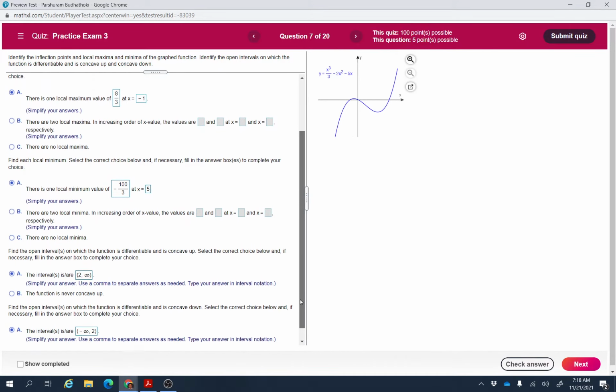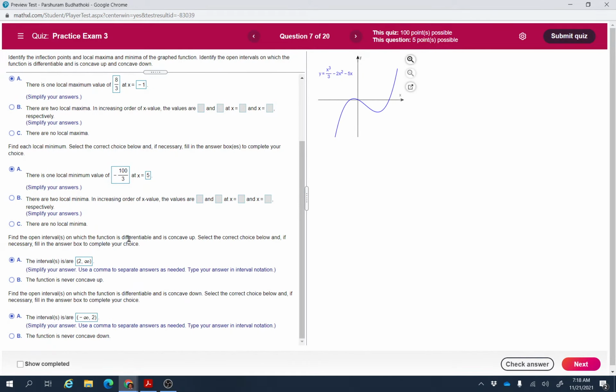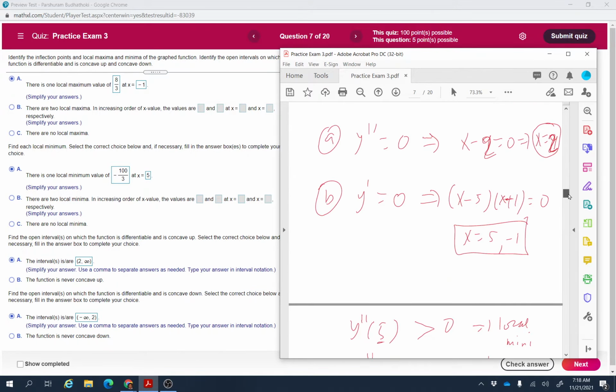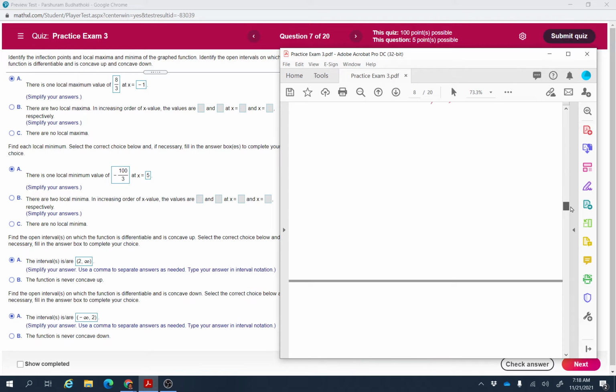Finally, let's go down here where this function is concave up. Concave up means where the second derivative would be positive. As we know, the second derivative is 0 at 2, we already found that information.